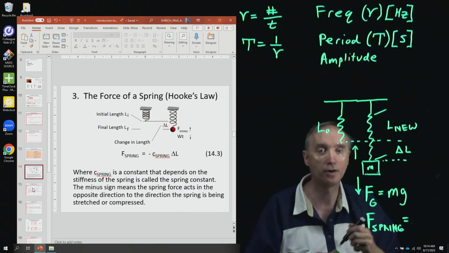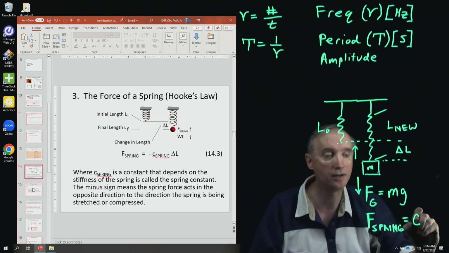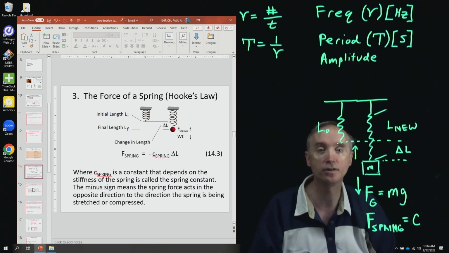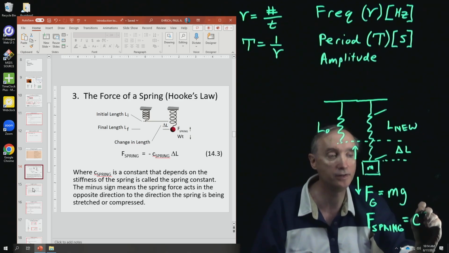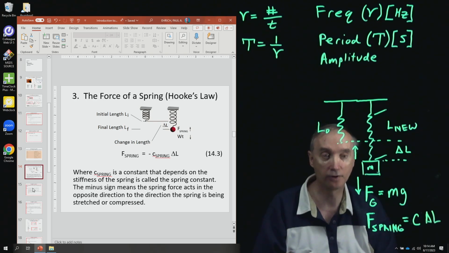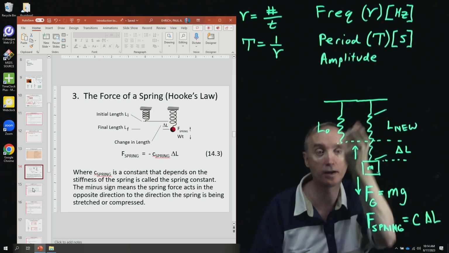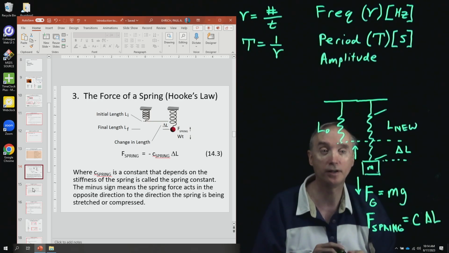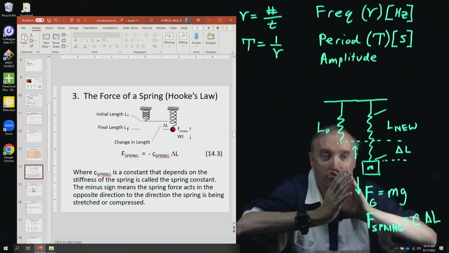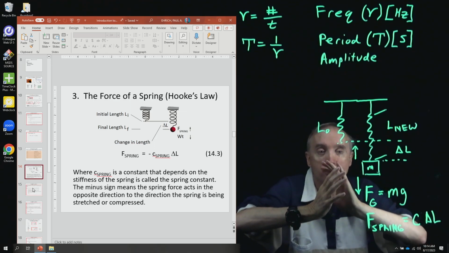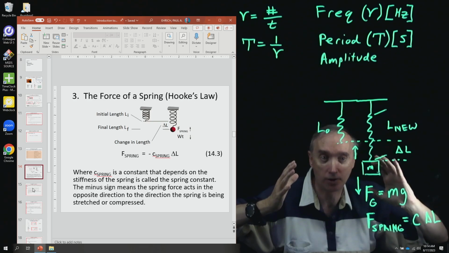So it's going to depend on the spring constant, and also on how far you stretch it, so delta L. The further you pull the spring down, the more force there's going to be trying to pull it back up again. Similarly, you could push a spring together, and then that spring force would be trying to push your hands apart.